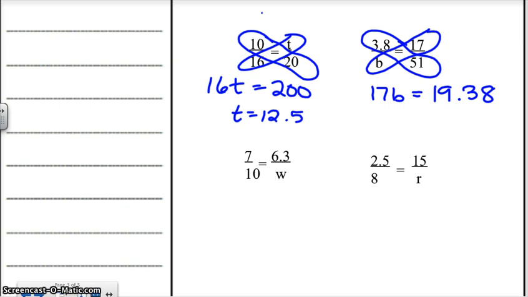Now I can divide. To solve for b, I have to divide. You don't have to show this step. You can just go right to the final answer like we did with the first example. 19.38 divided by 17 is 1.14.